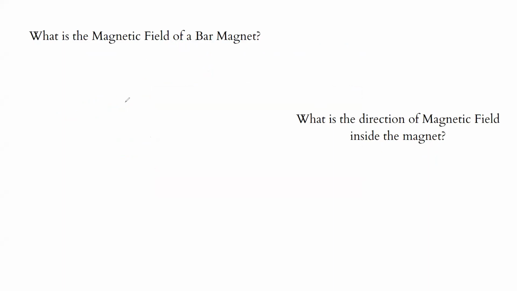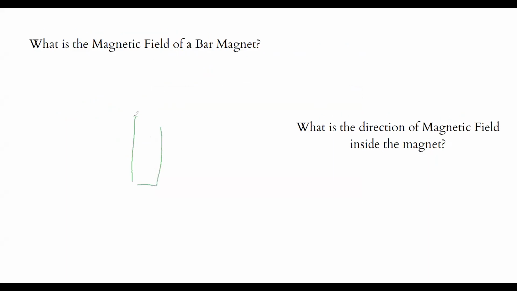So we were discussing the bar magnet. We can draw a bar magnet like this, right? We have the north and south pole. Magnetic field starts to flow from north to south, or south to north. How do you normally draw it?